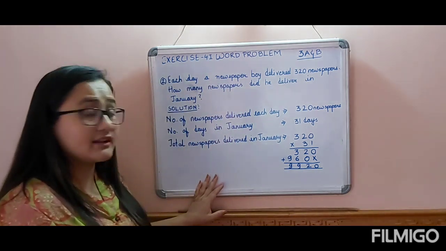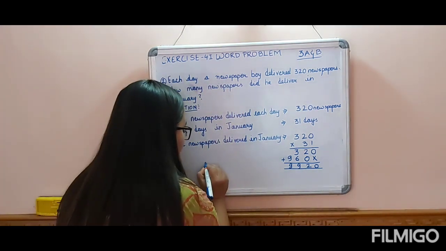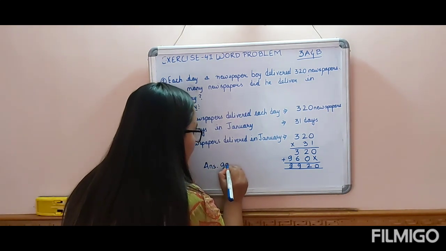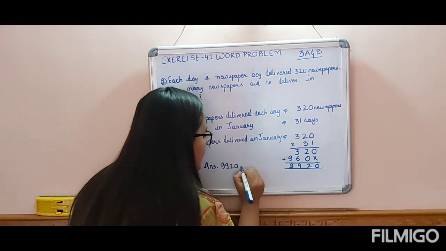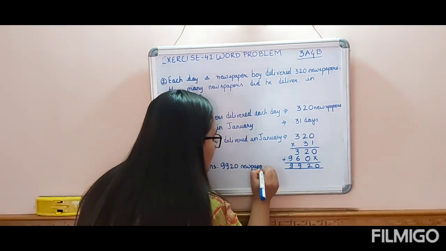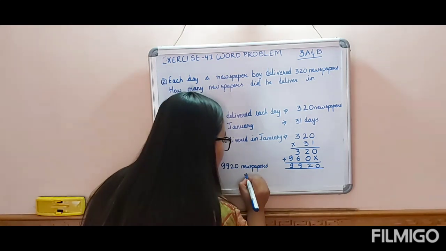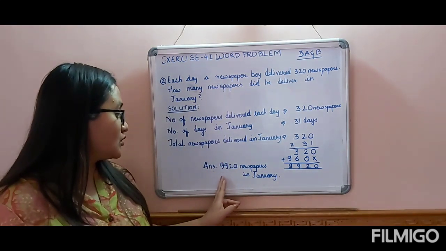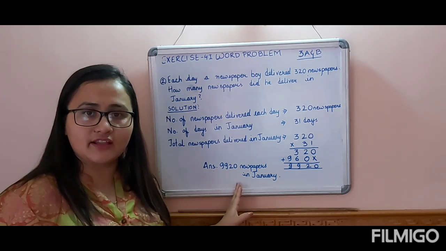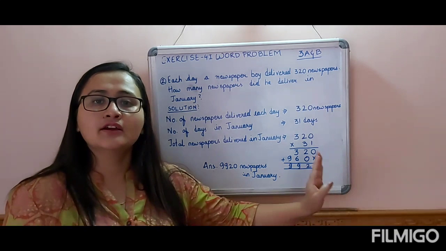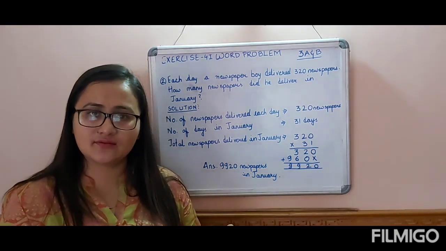So your answer will be he delivered 9,920 newspapers in January. So this is the total number of newspapers he delivered in January.